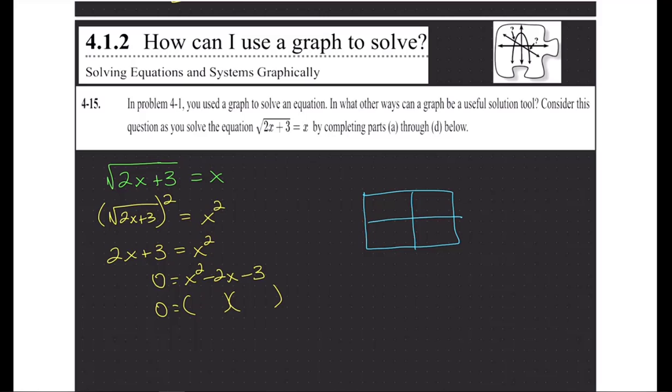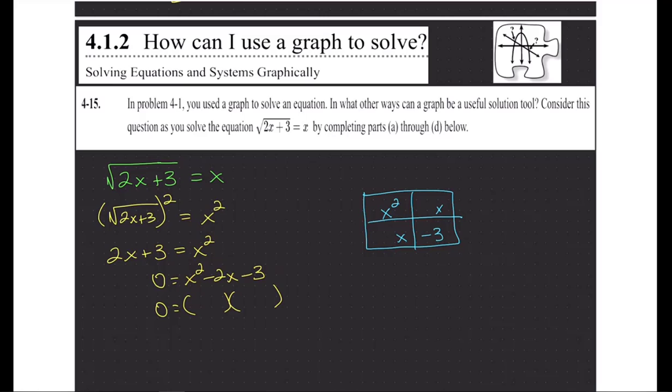If I use the area model, I know I have an x squared, I have to figure out what to do with my x's, and I have my negative 3. I'm taking these 3 terms and turning them into 4 terms.